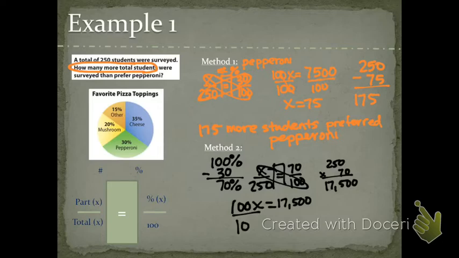Okay, divide 100 to both sides. Get rid of those zeros. So if you look here, we still get our 175 more students preferred pepperoni. So either way you do it, you still get the same answer. Okay, it doesn't matter which way you do it.